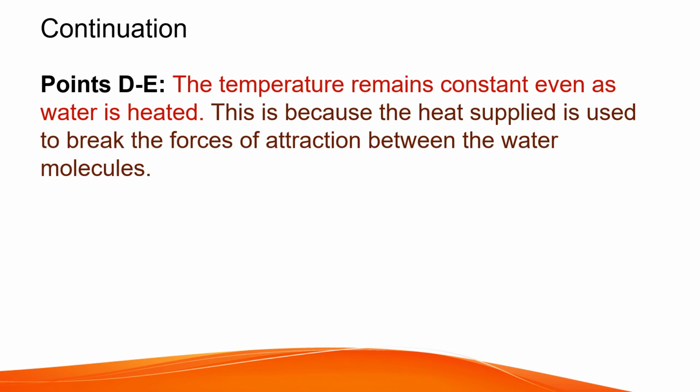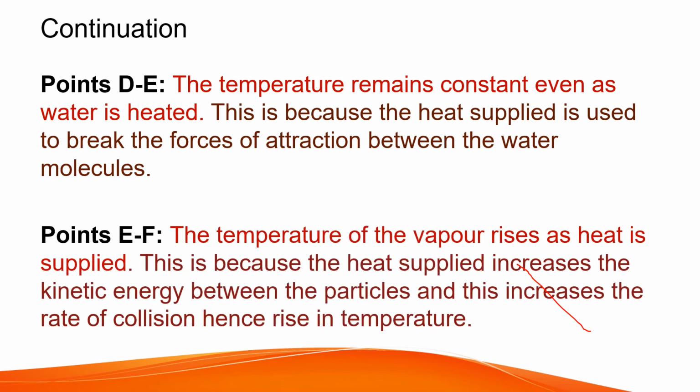Let's move on. So here we have points D to E. At point D to E, the temperature remains constant again. Even as we are heating, the temperature still remains constant.